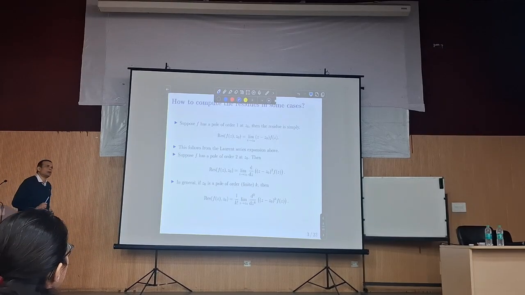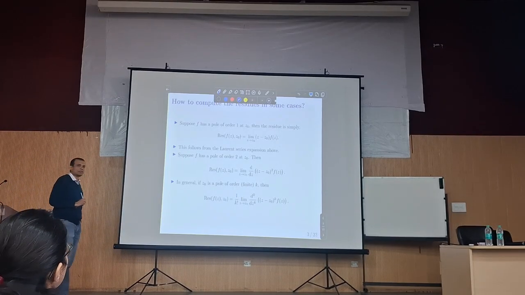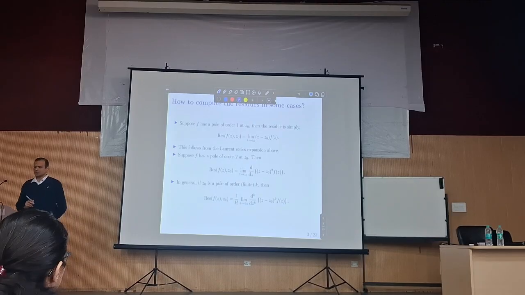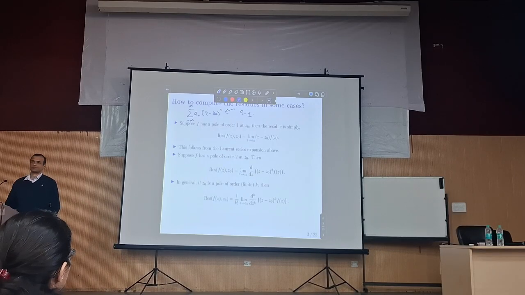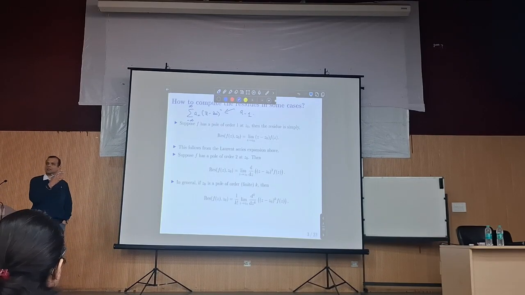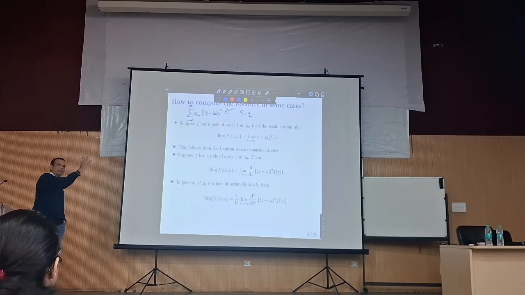Now, how do you calculate residues in certain simple instances? Remember, if you have an expansion a_n (z minus z0) raised to n, this can go from minus infinity to infinity, and you need to isolate the coefficient a minus 1. But suppose the negative terms end at a finite stage.